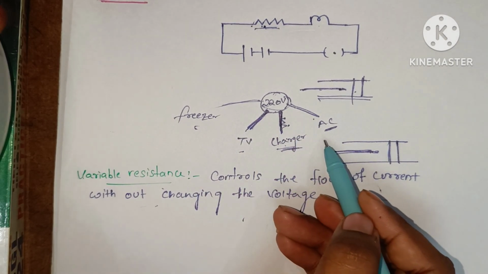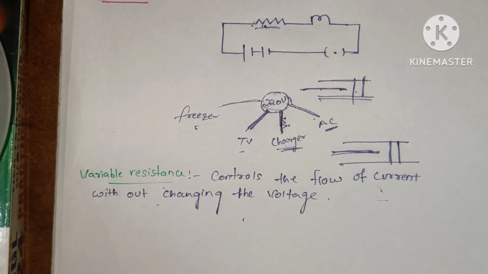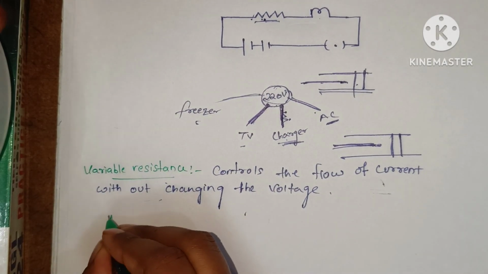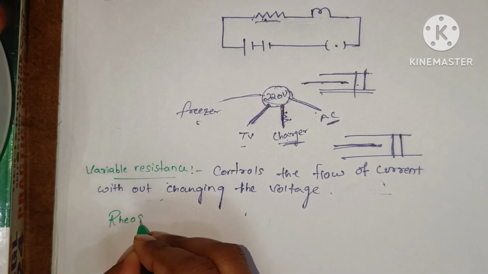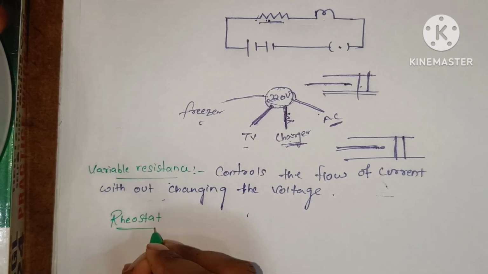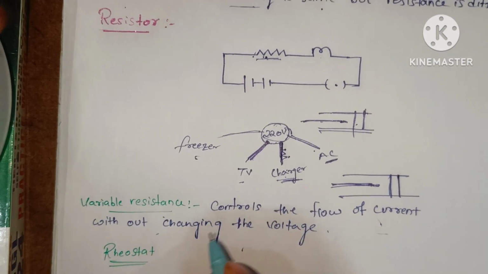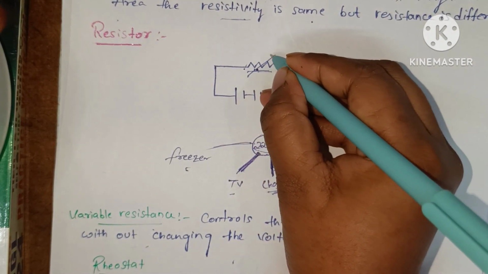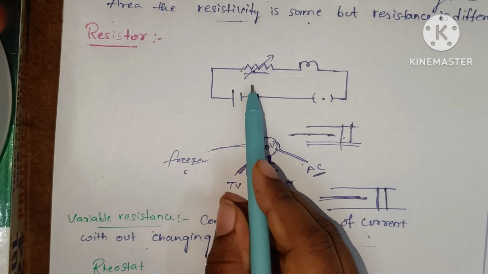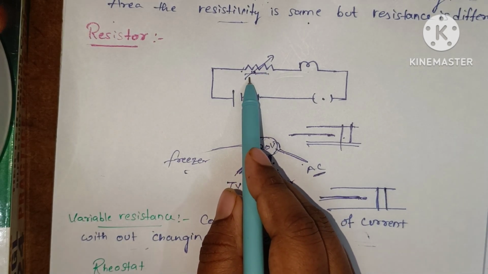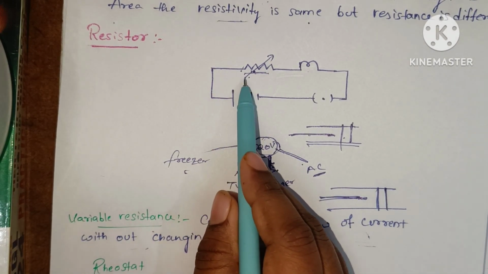So how can it control the current? By adding resistors, I said, right? An example of variable resistance is the rheostat. Okay, rheostat is one example of variable resistance. Rheostat means resistance only, but the rheostat can control the flow of current.